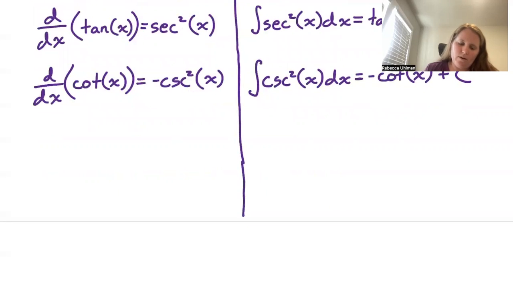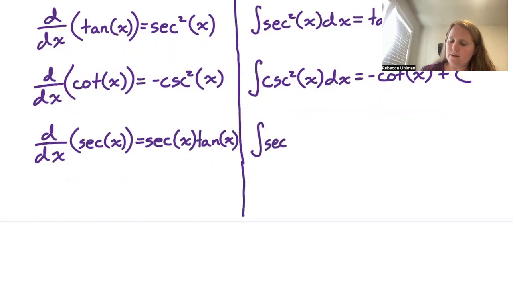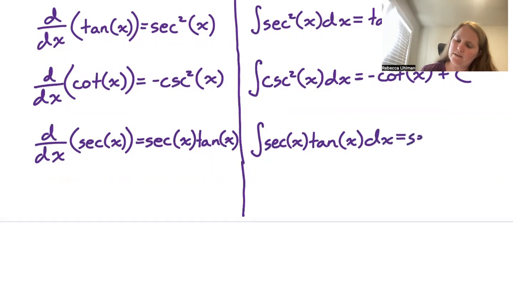The derivative of secant of x was secant x times tangent of x. So we have the integral of secant of x times tangent of x dx is secant x plus c.